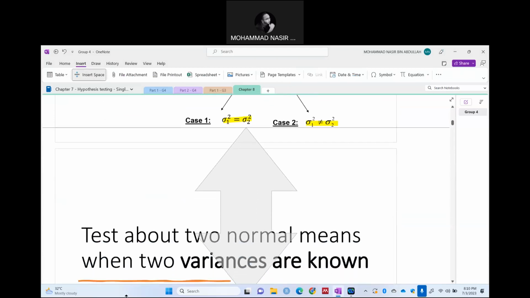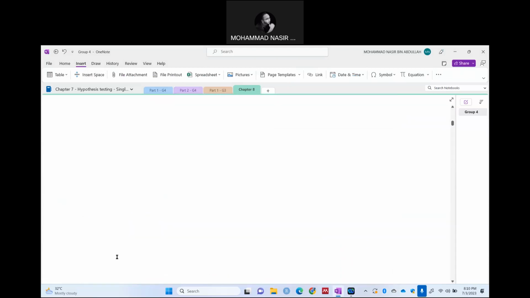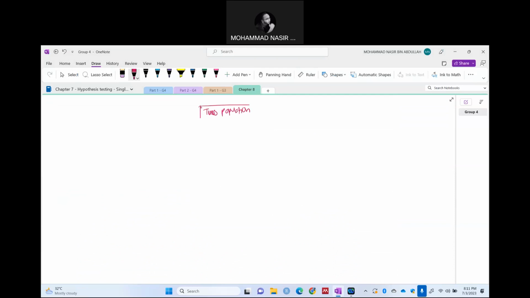Okay? So before that, let me draw a diagram to show which formula to choose when we have a certain condition. So let's say we have two populations. Right, two populations. We're going to look into test about mean.